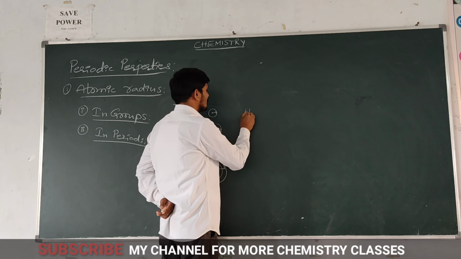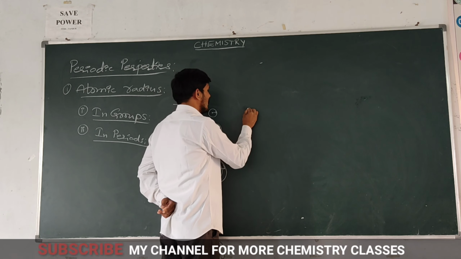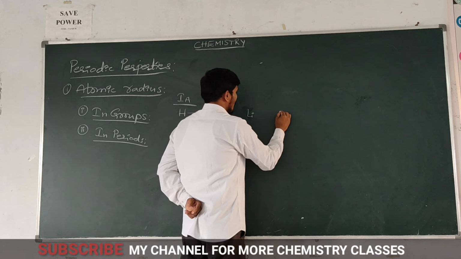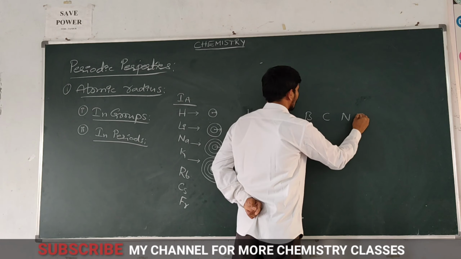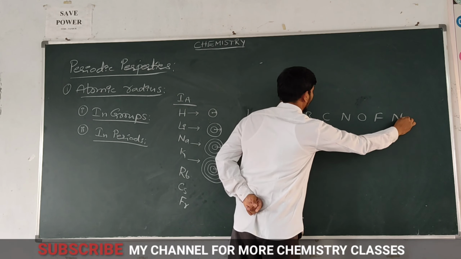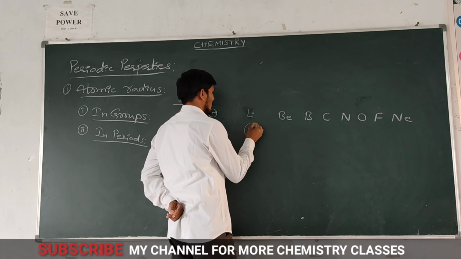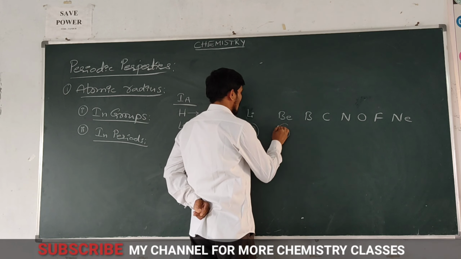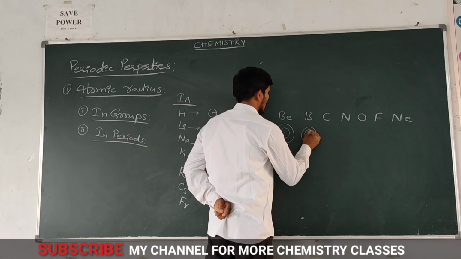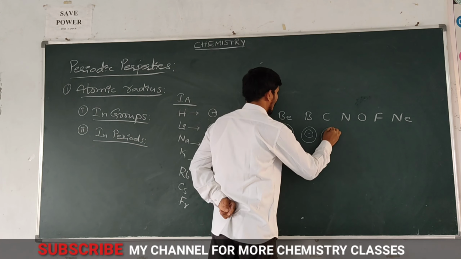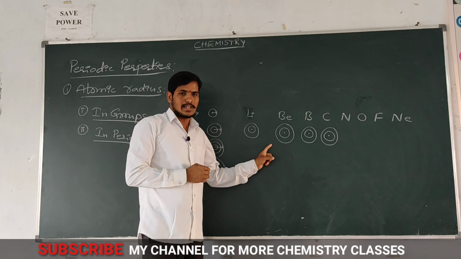For example, take the second period elements: lithium, beryllium, boron, carbon, nitrogen, oxygen, fluorine, neon. Here the lithium structure will be like this, beryllium like this, boron, then carbon. In these, every element has the same shell.